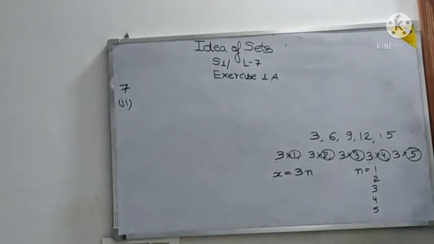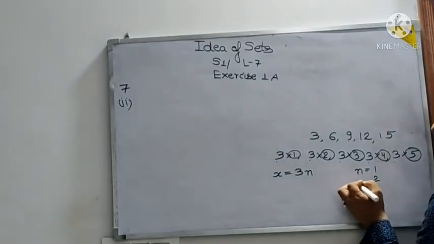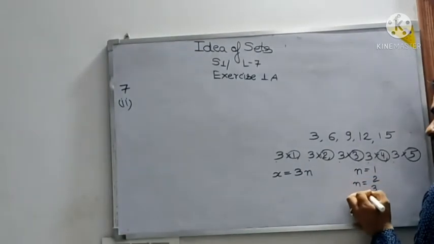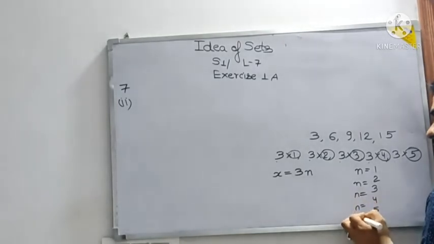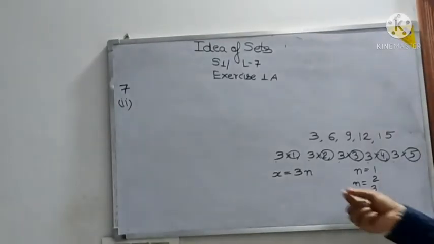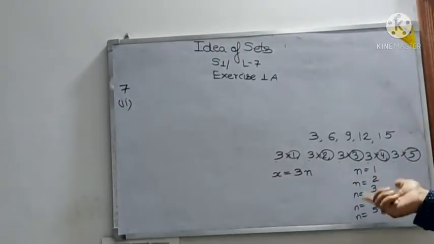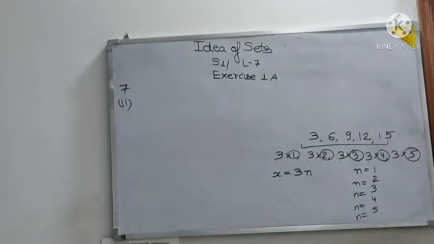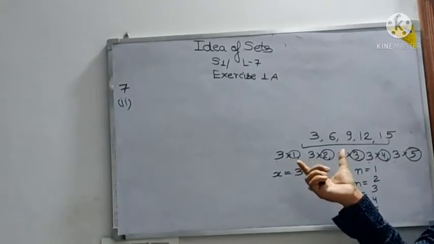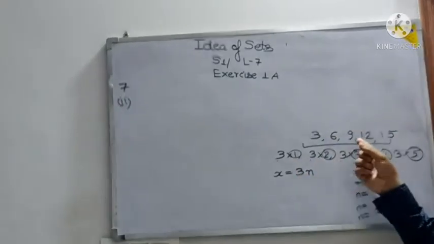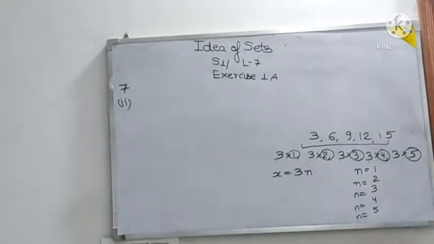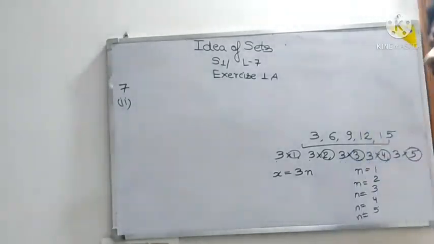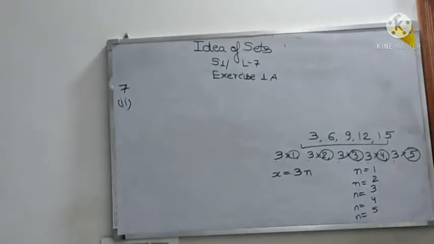Yes or no? So if n equal to 1, then it will be 3. n equal to 2, then it will be 6. That means this series is basically of a multiple of 3, but only the first 5 terms. So the first 5 terms have to be generated.